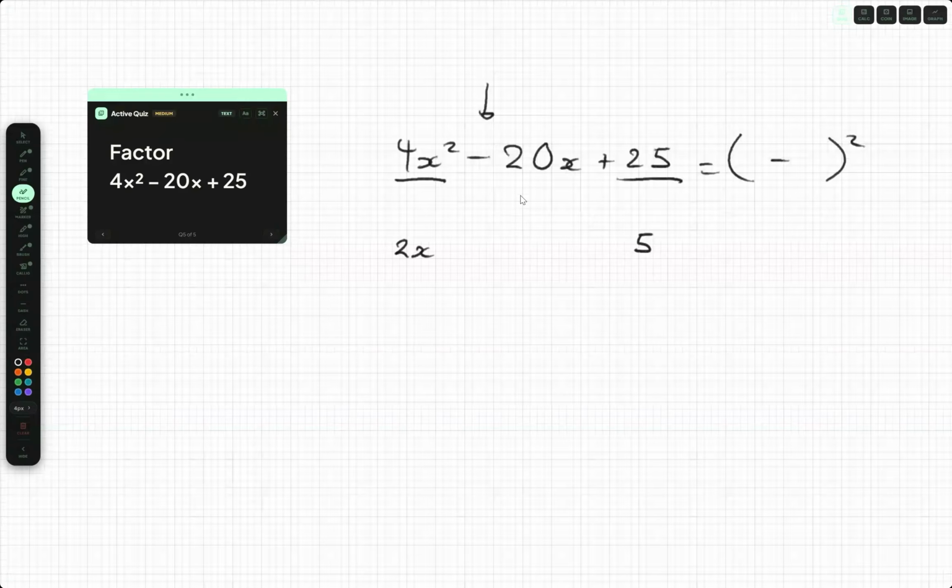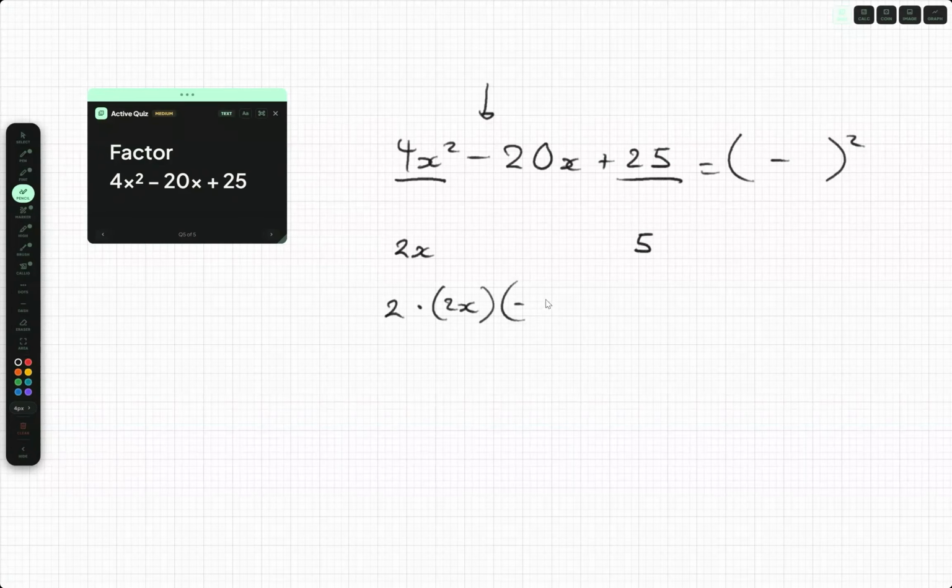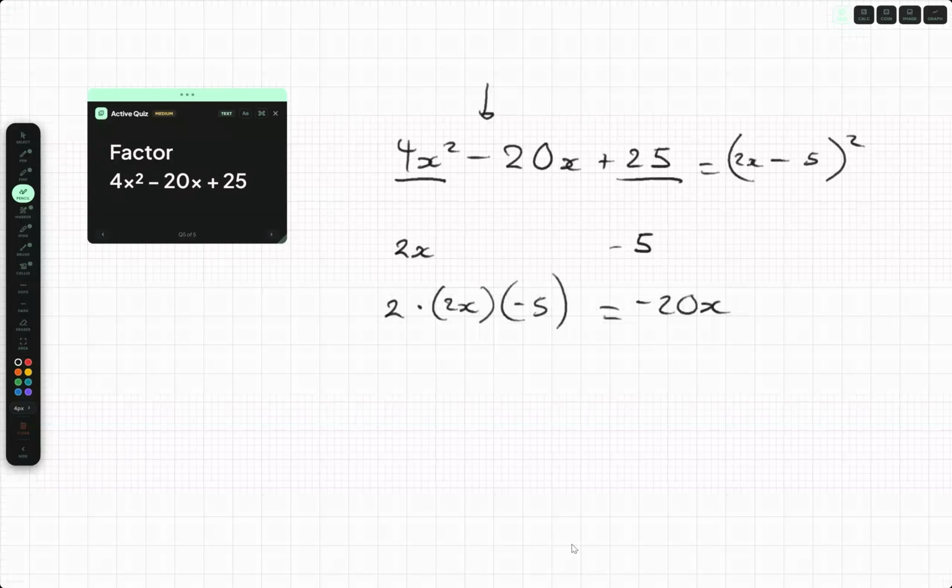Does this equal 2 times our first term multiplied by a negative of our second term? Does that equal minus 20x? Well, this is going to be 4x times negative 5, which is negative 20x. So it does, in fact, all equal out, and we can rewrite this as (2x minus 5) squared, and we are done.